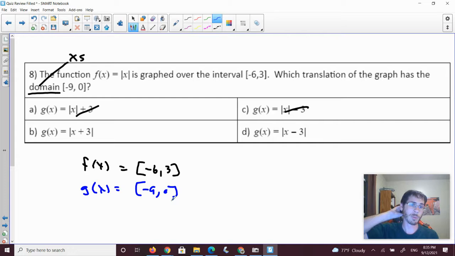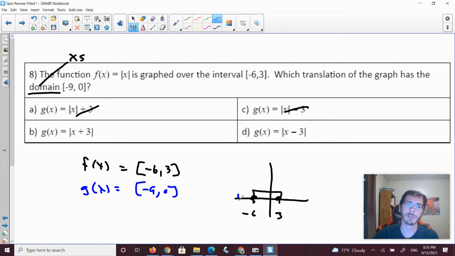So you're going to have to identify what's going on here. Now, this is where things get tricky. We don't want to do this mathematically. We want to think about this in terms of what does this look like on a graph. So on a graph, -6 to 3 means I'm going to go from here to here.